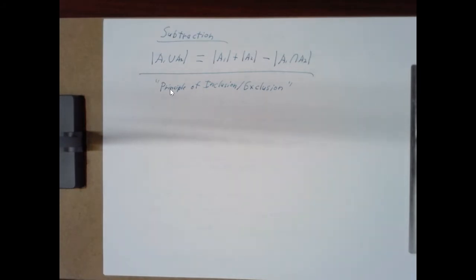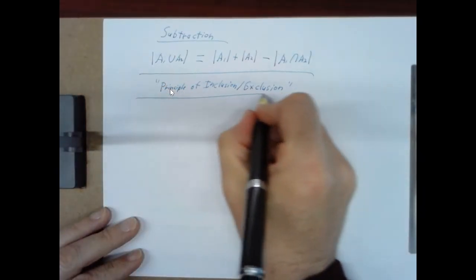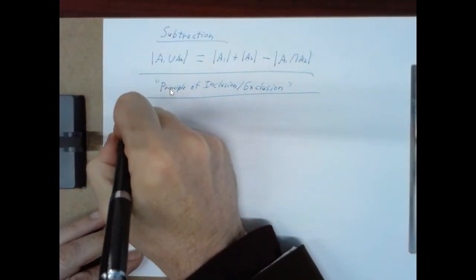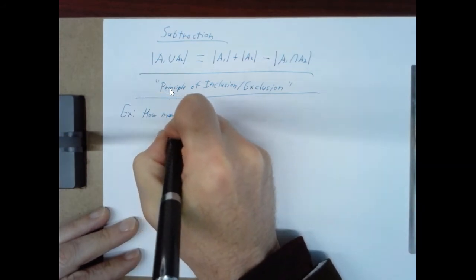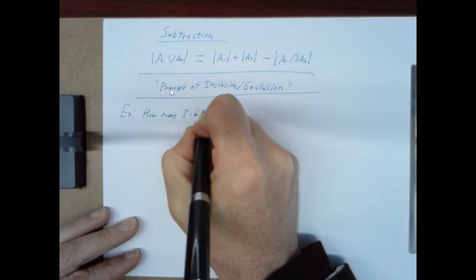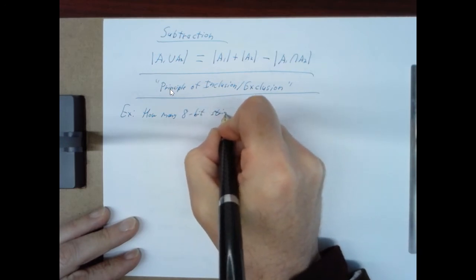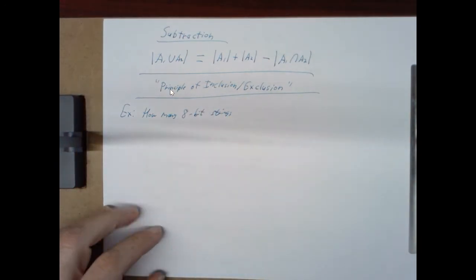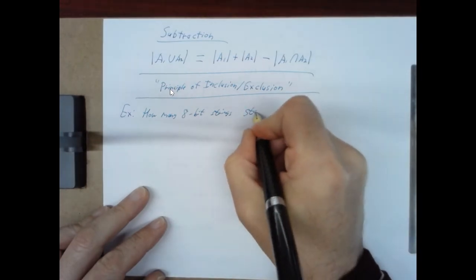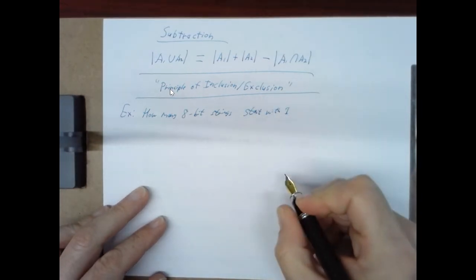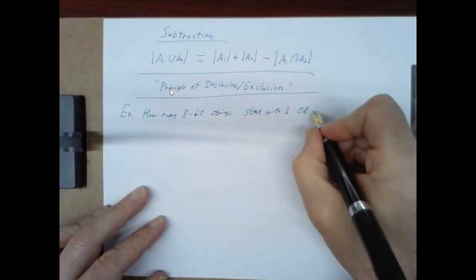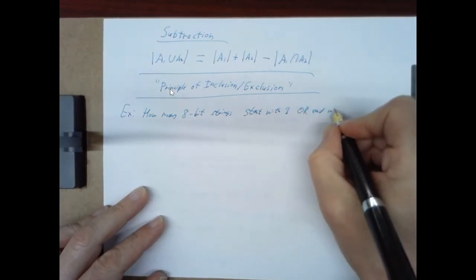So let's see an example of this. How many 8-bit strings start with 1 or end with 2 zeros?